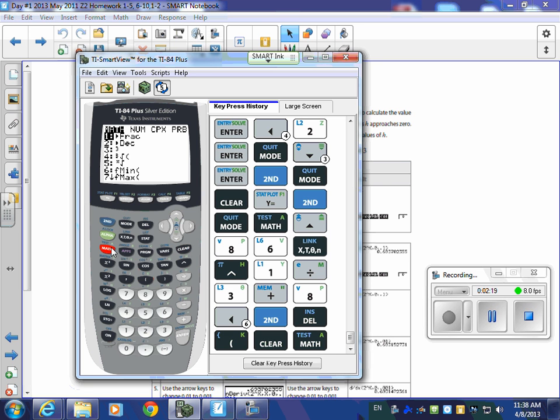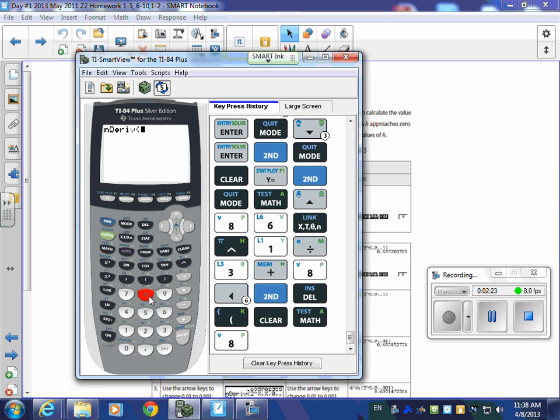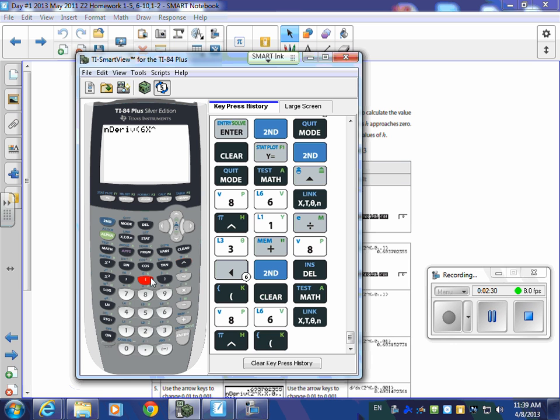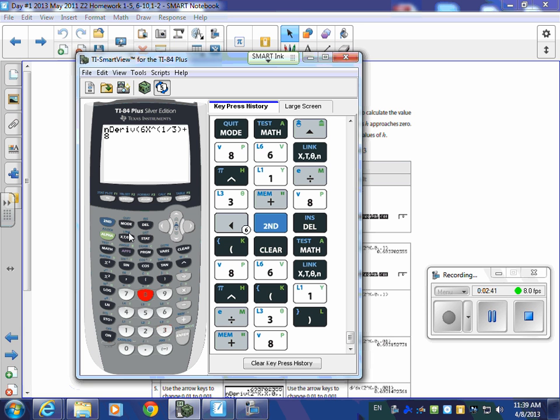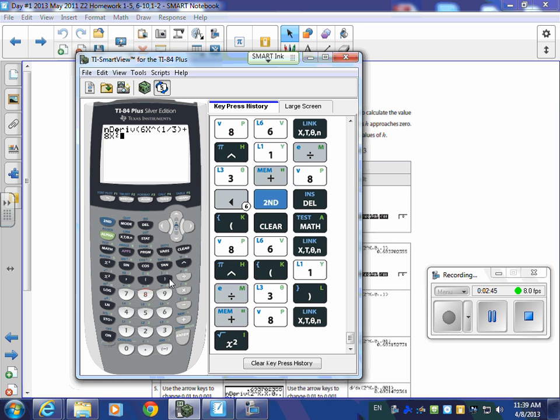Try again. Math, and we're going to go 8, and we're going to go 6x to the 1 divided by 3. Oh, now you're talking. Plus 8x squared. Good.